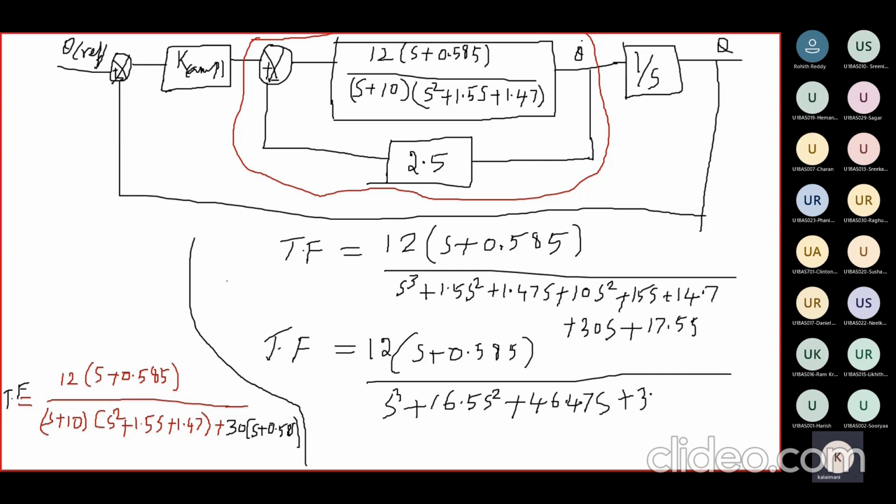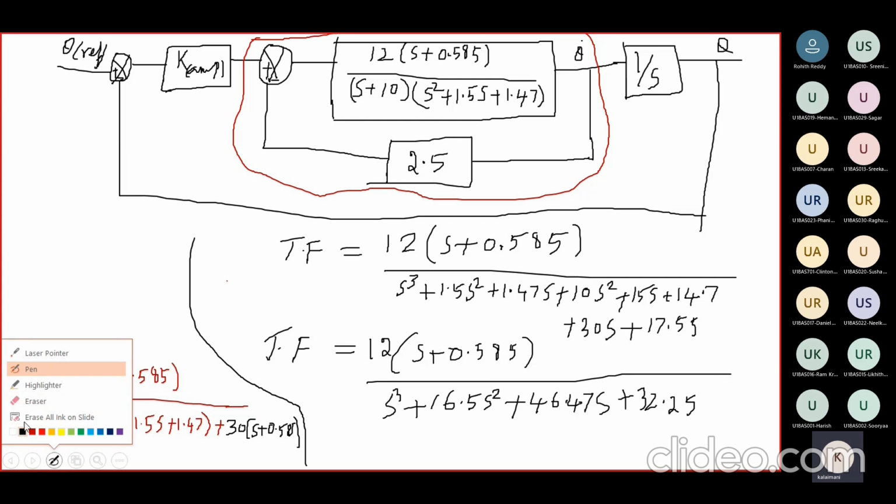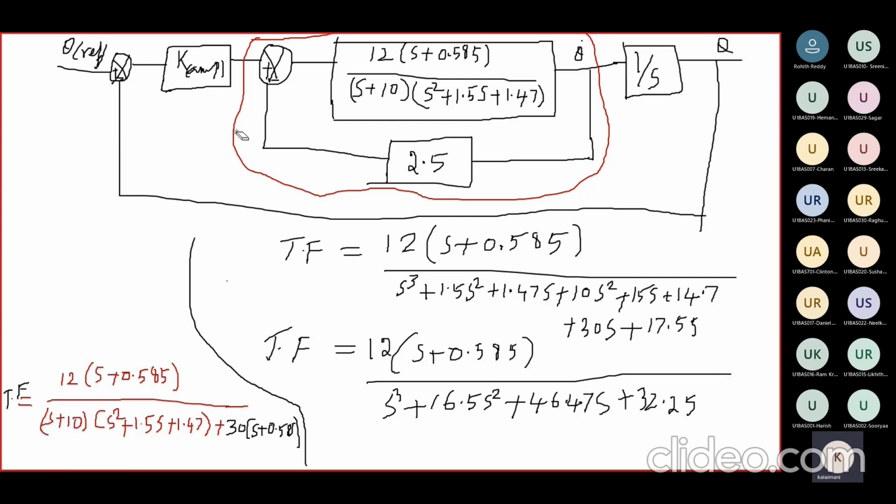Therefore, we remove this inner loop, then we set your transfer function Tf equal to 12 times s plus 0.585 divided by s cube plus 16.5 s square plus 46.47 s plus 32.25.